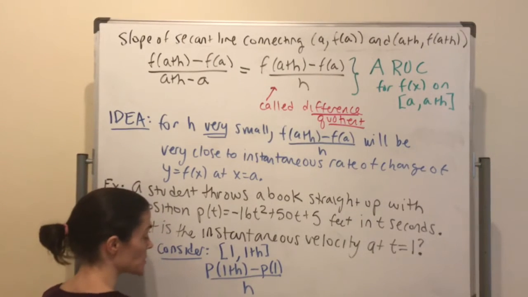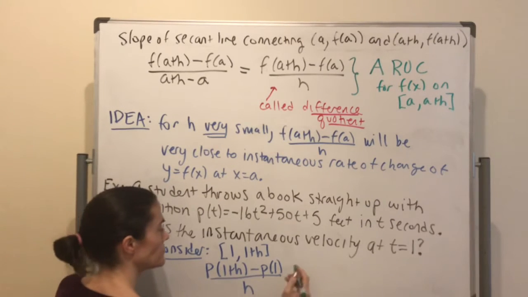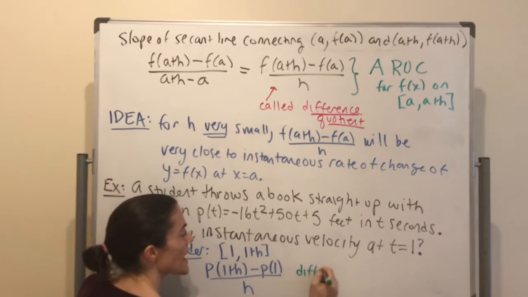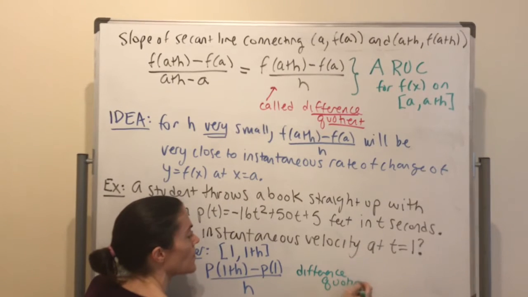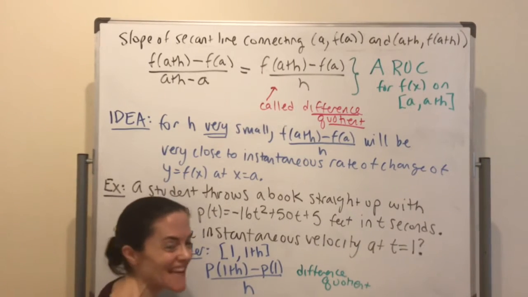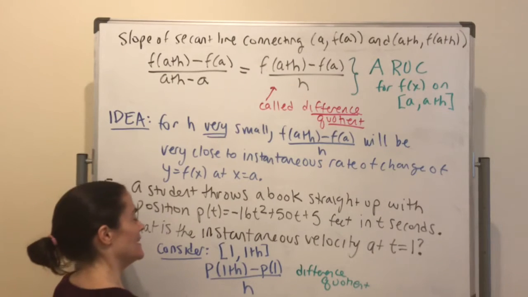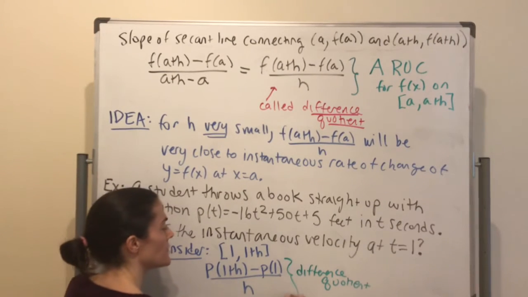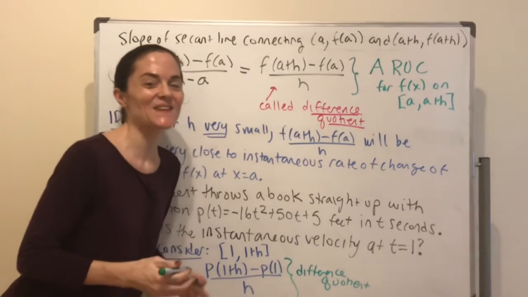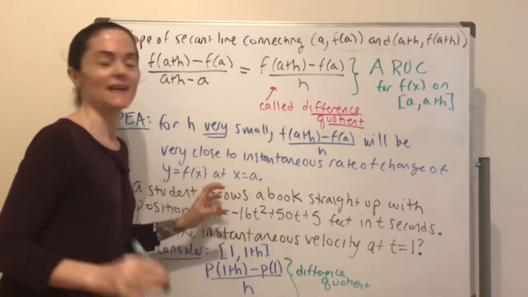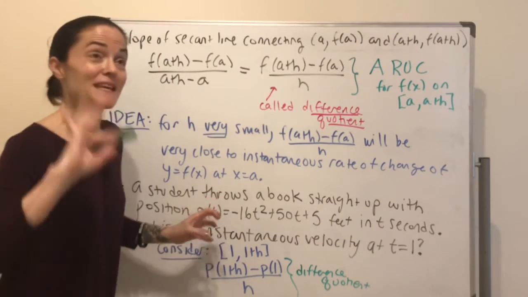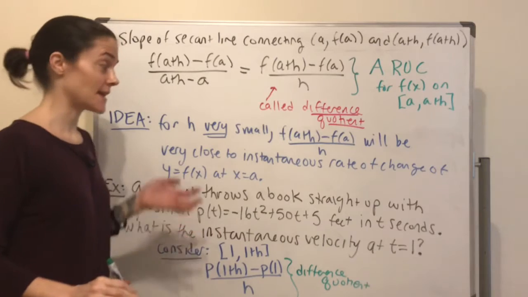This is the difference quotient, and it's also the average rate of change on the interval from 1 to 1 plus h. And this, for h very small, is going to give us an idea about what the instantaneous rate of change, or the instantaneous velocity, is in this example.